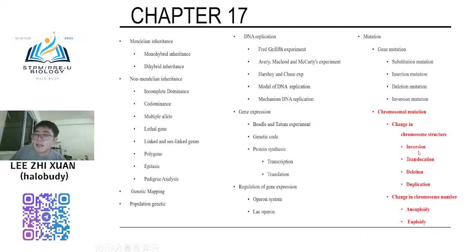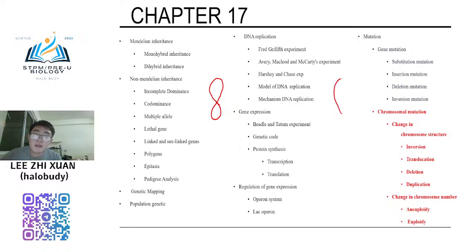Like chromosome structure, we know that our chromosome looks like this, right? This is our chromosome.